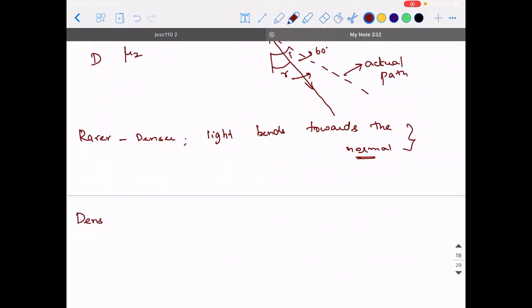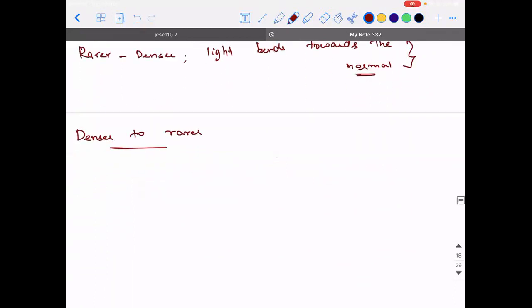What happens when light is traveling from denser to rarer? What is going to happen? Now let's see how much you guys have understood Snell's law. So let's say this is the incident ray. If I take this as the angle of incidence, then this is going to be the actual path. No doubt in that. Now comes another important question. Listen.